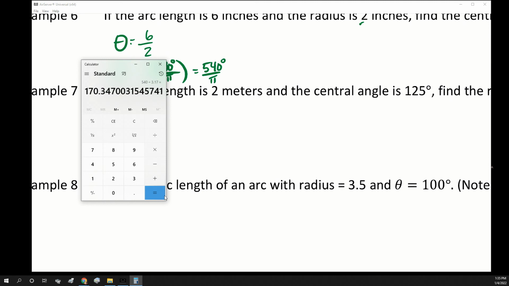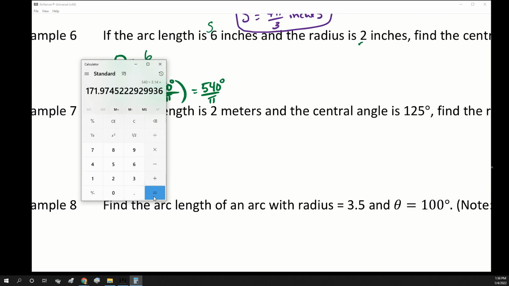All right, so that is going to be, oh, I typed in 3.17. Let's try it again. All right, so that is going to be approximately 171.97 degrees.